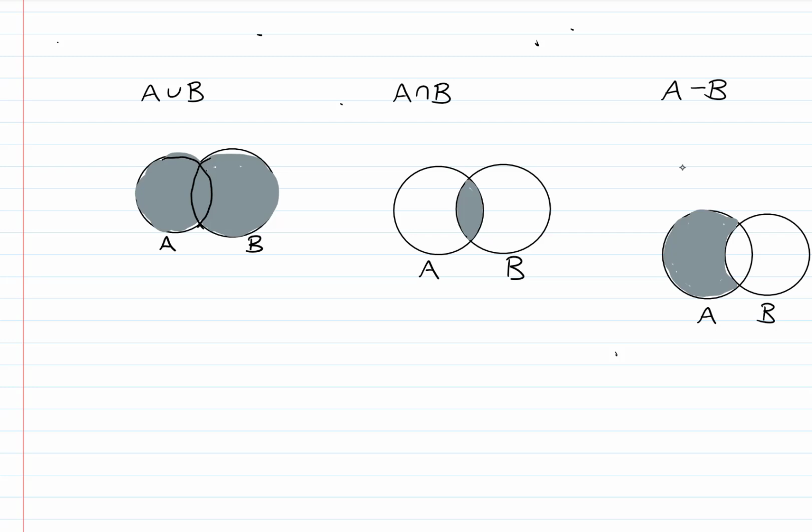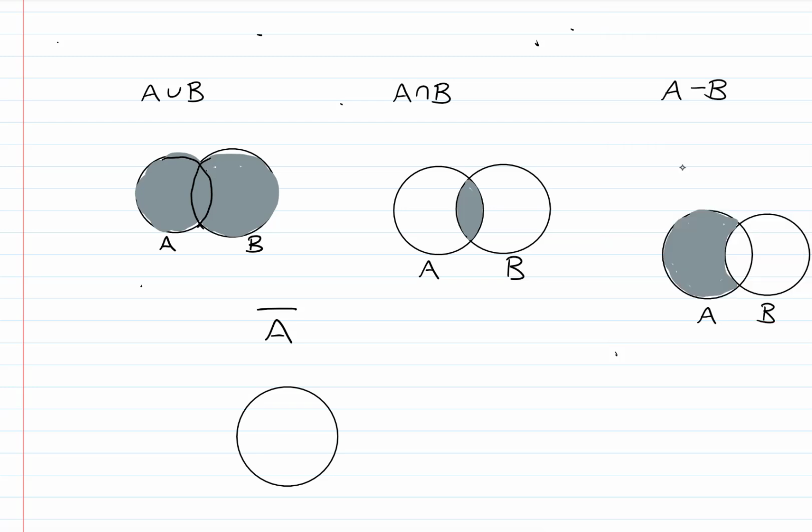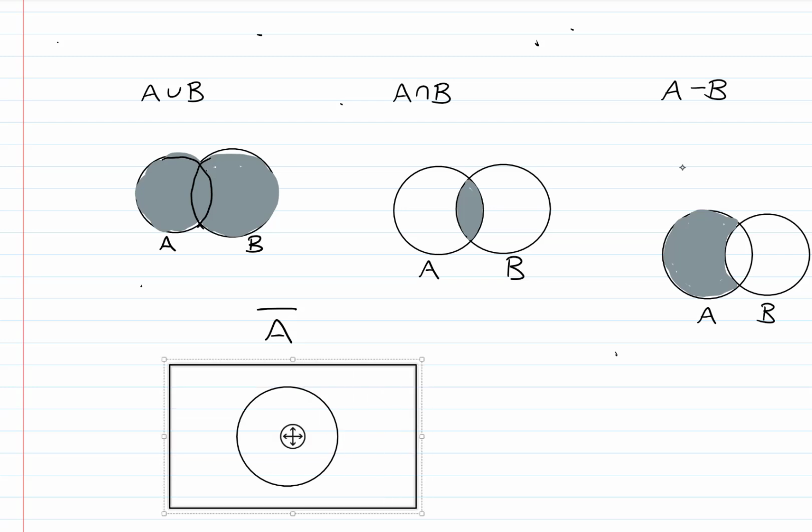Let's do a Venn diagram for the complement of A, or A complement. Now, let me go ahead and put a circle here for set A. Okay, we're doing A complement. Now, in order to do that, I have to shade everything that's not in A, right? So that would be shading everything except that circle. Well, let's not get carried away. I'm not going to shade the whole screen. So what you do is you draw a rectangle. That's the universal set.